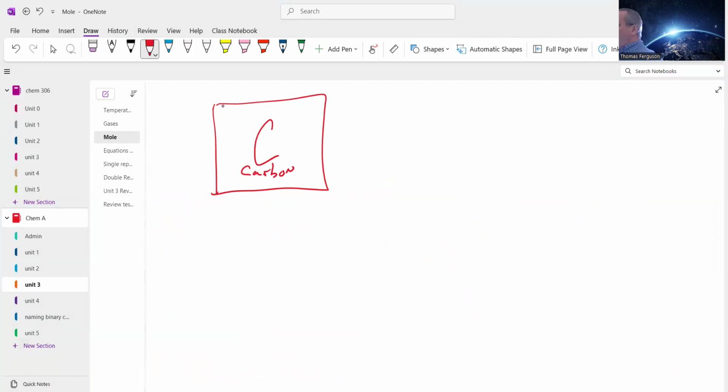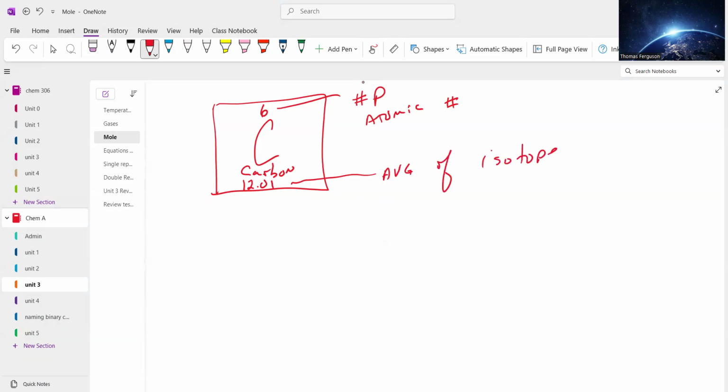Okay, they also have two other numbers. An integer, and that integer is the number of protons. That's also called the atomic number. The other number is a decimal number, and that is the average of all the isotopes of that particular element.